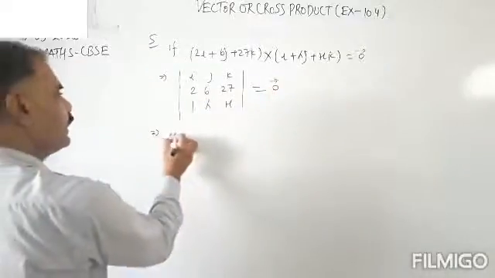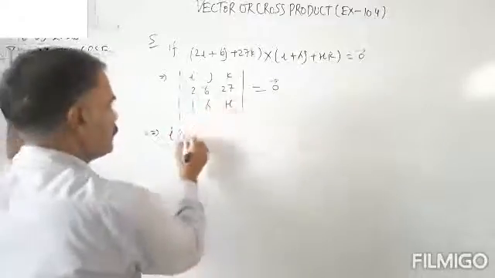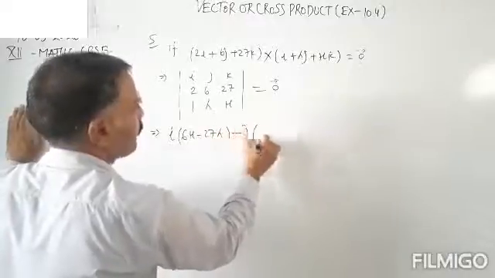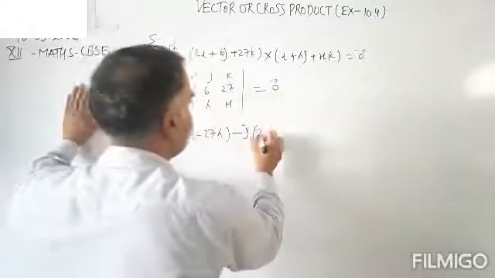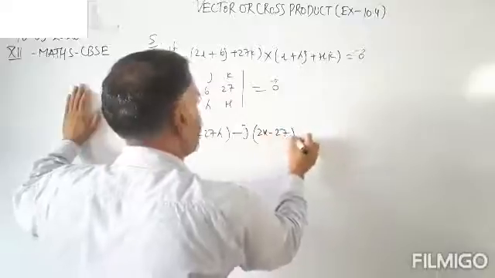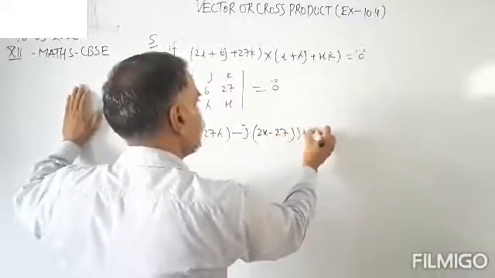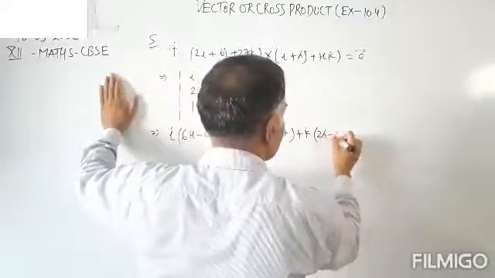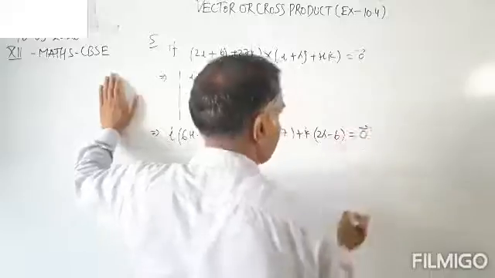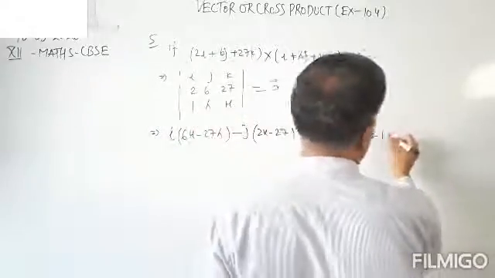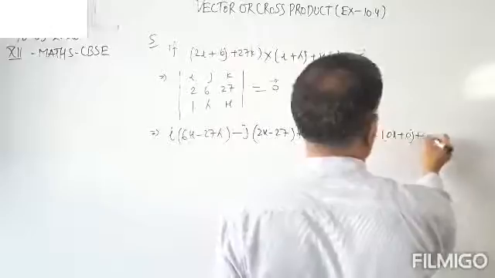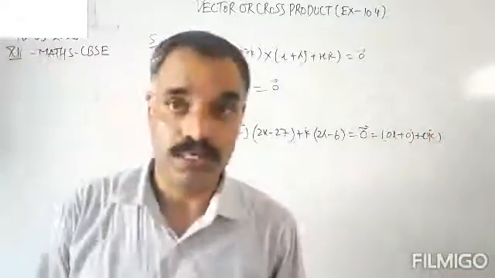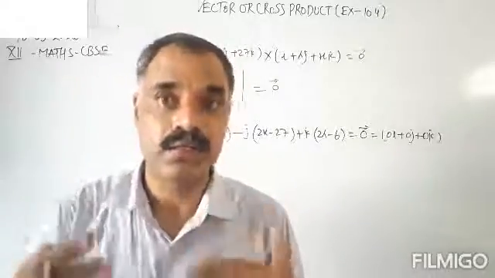Now i cap (6 mu minus 27 lambda) minus j cap (2 mu minus 27) plus k cap (2 lambda minus 6) is equal to the 0 vector. 0 vector means 0 i cap plus 0 j cap plus 0 k cap. Write it in terms of the components i cap, j cap and k cap.